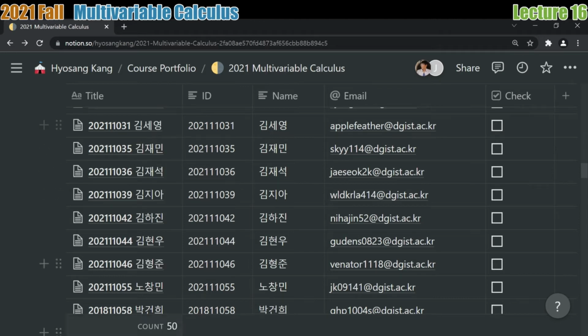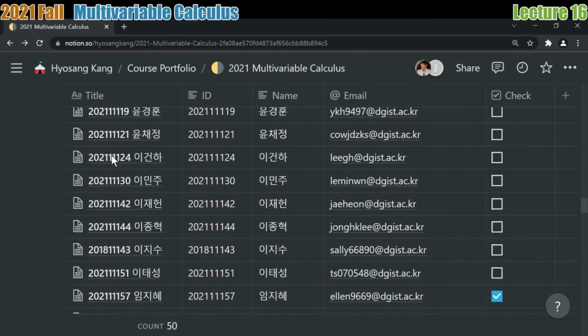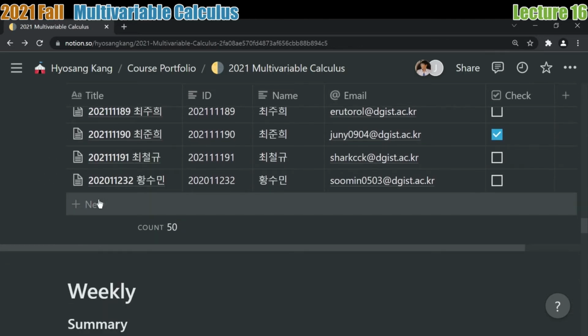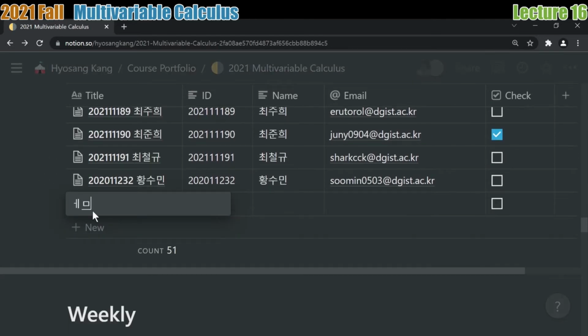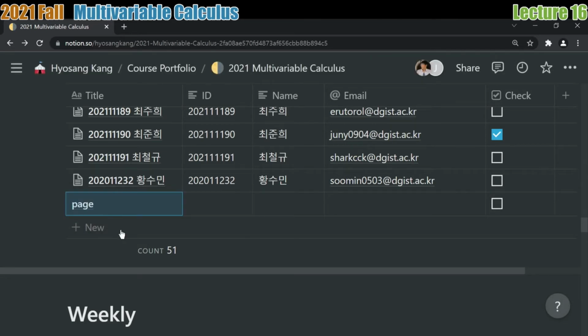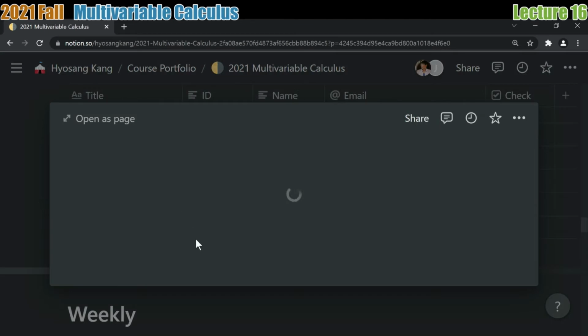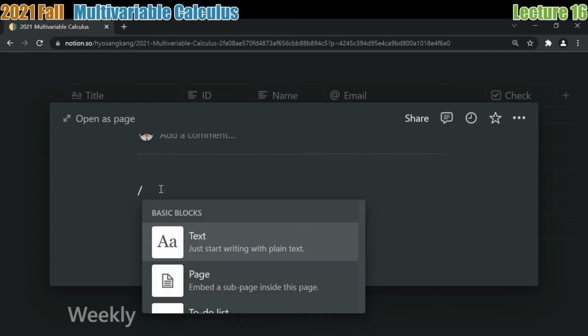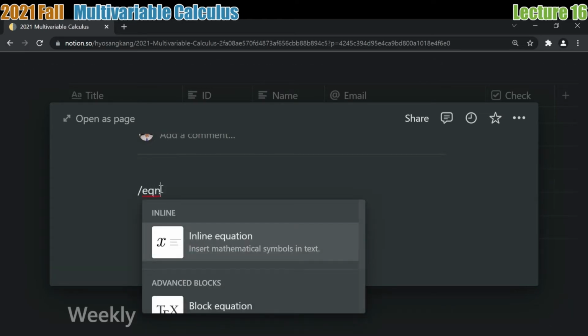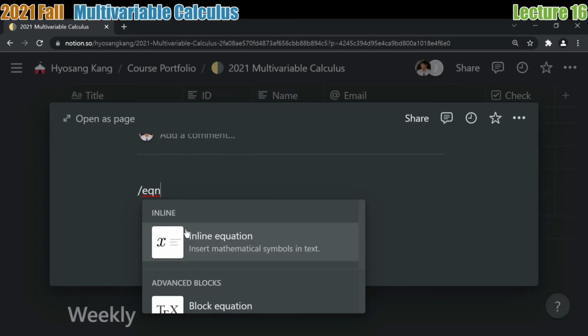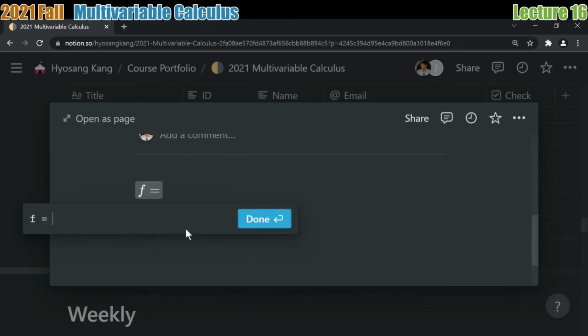So for example, there's a playground. Let me add more page here. I showed you a long time ago, but okay, so you can add a formula, like an equation gives the inline formula here, like f equals x, something like this.